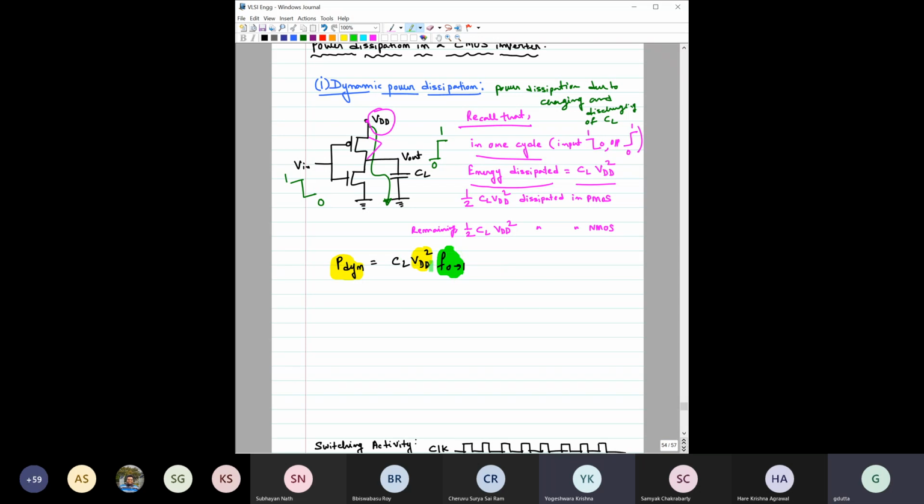But when we discuss this scaling in more detail, you will be able to see that this VDD really does not fall in that sharp fashion. For many technology nodes, we will observe that the change in VDD is almost insignificant compared to the change in frequency.